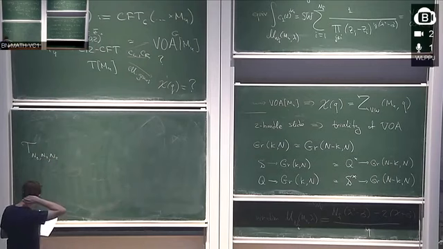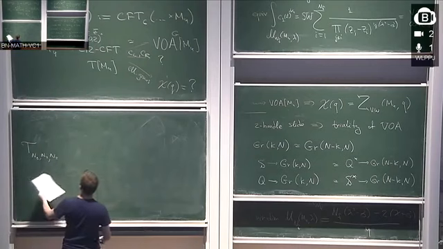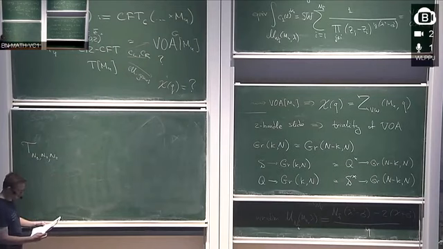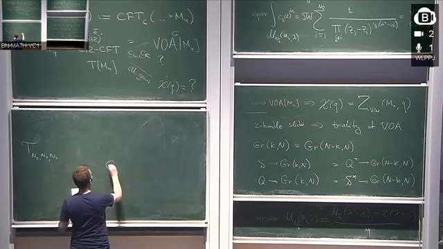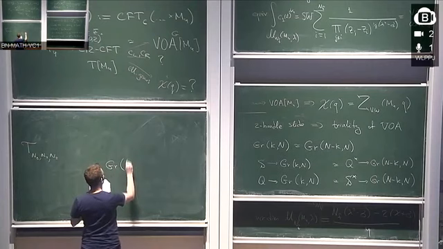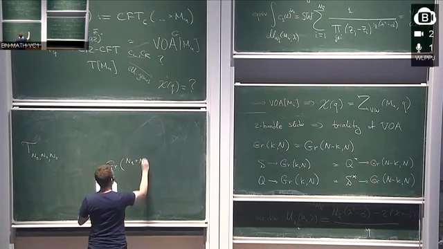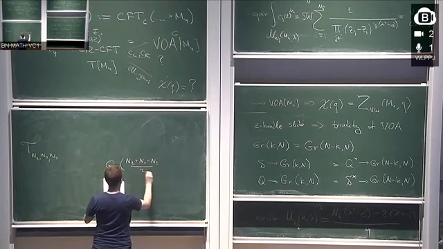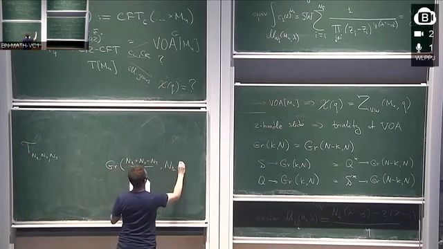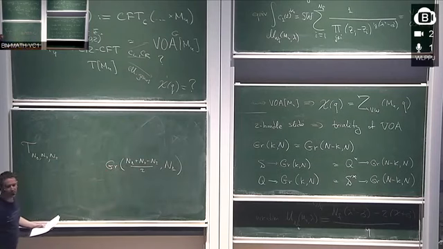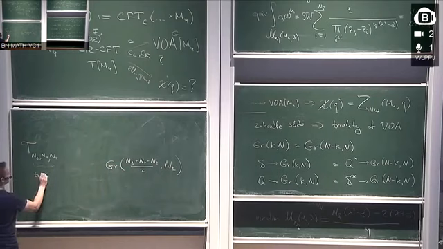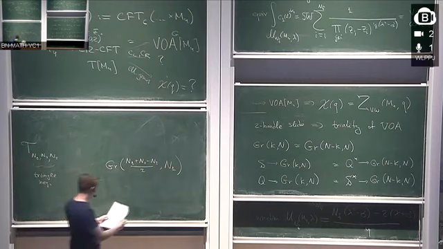And based on these integers, we'll take a Grassmannian of (n1 plus n2 minus n3) divided by 2 and 1. So these three integers should obey certain relations for this to make sense, in particular to satisfy obvious triangle inequalities where the sum of any two is greater than the other one.